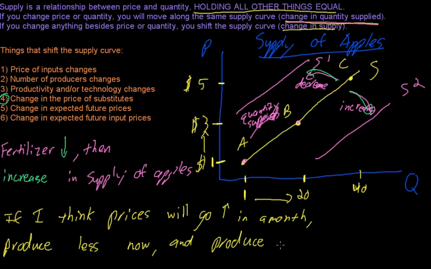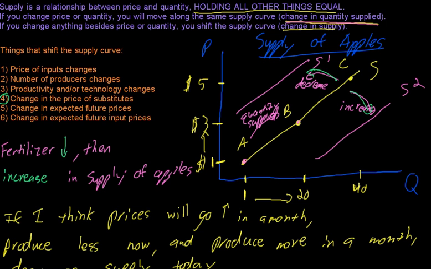So that will decrease the supply right now. More in a month, which decreases supply today.